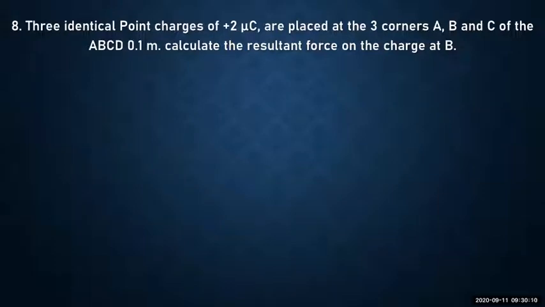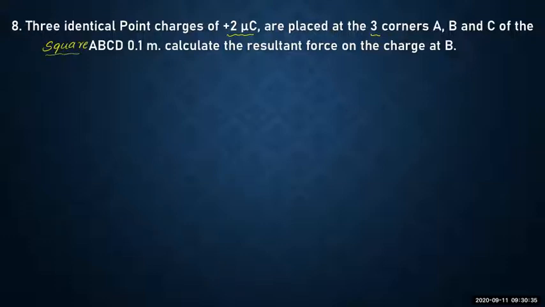Okay. See, again there is one problem. 3 identical point charges of plus 2 microcoulomb are placed at 3 corners ABC of the square ABCD. Okay, so it is a square. Actually, a square should come here.